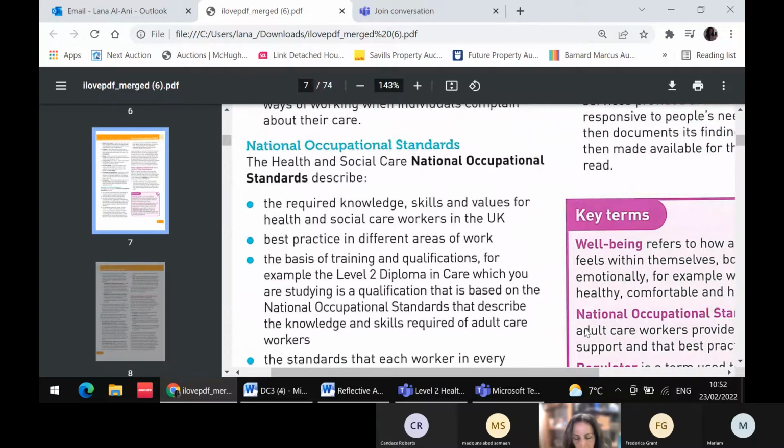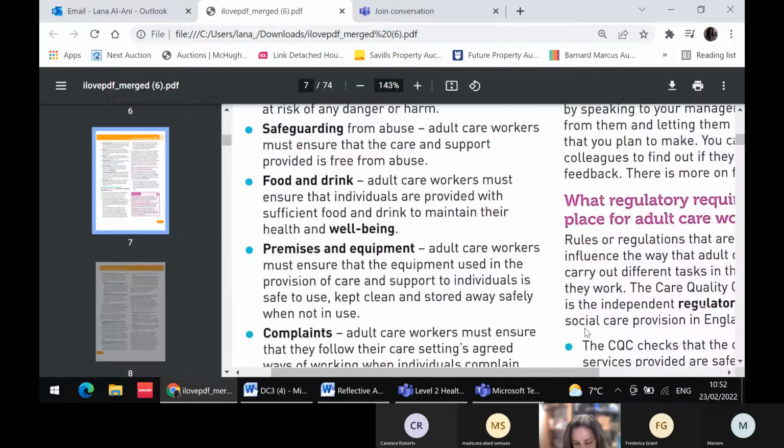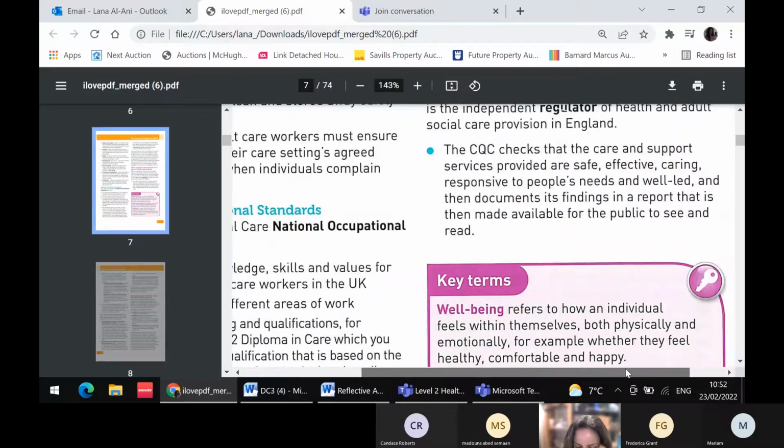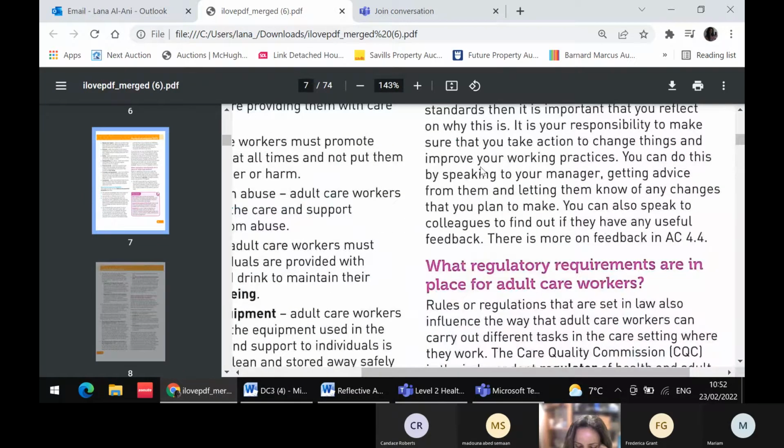Maybe, because you are level 2, for us now we understand what the regulatory requirement is and what the standards are. So if you just write the heads, like number 1 is for the regulatory requirement.